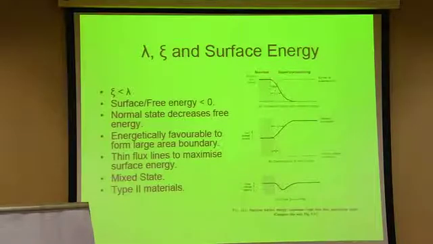Let's go now to the other case, in which the coherence length is smaller than the penetration depth. We have the same magnetic flux density, and now it drops to 0 on a scale lambda, and the number of superconducting electrons drops to 0 on a scale psi.